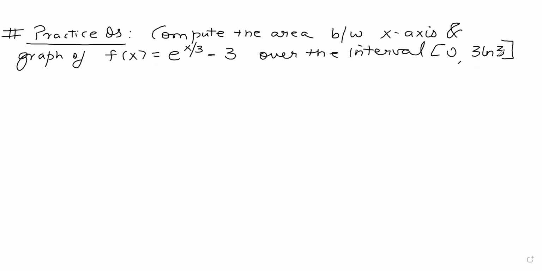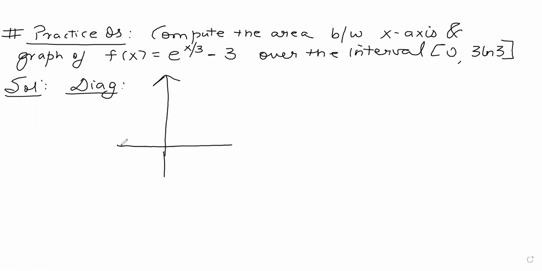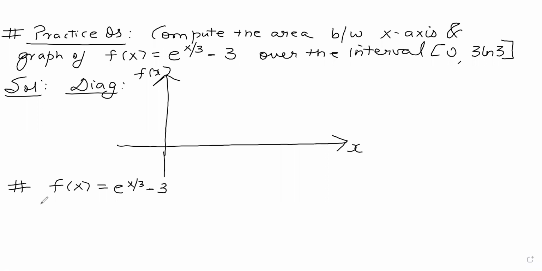So we need to compute the area between the x-axis and the graph of f(x) over the interval 0 to 3 ln 3. So guys, first of all, we can plot the graph. Let's plot a rough sketch of e to the power x by 3 minus 3.